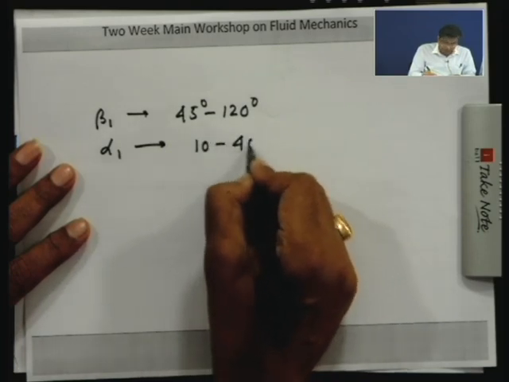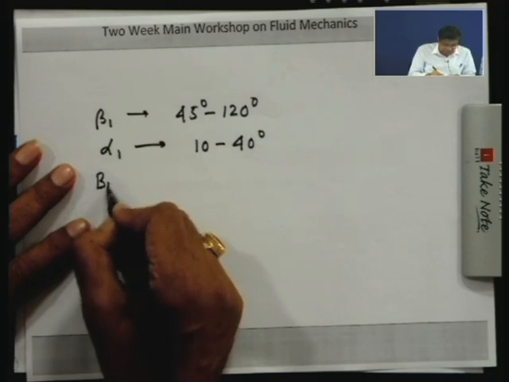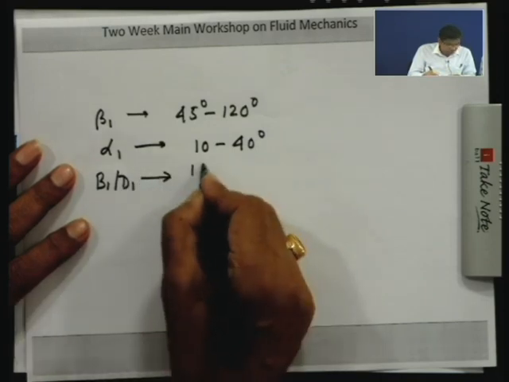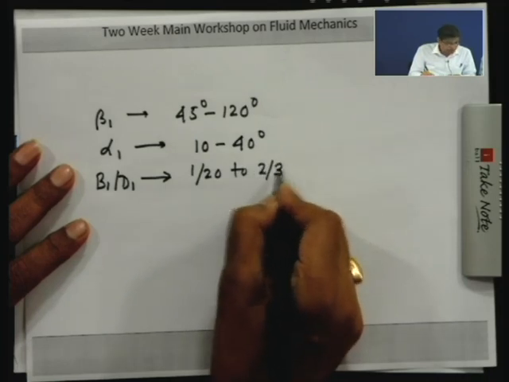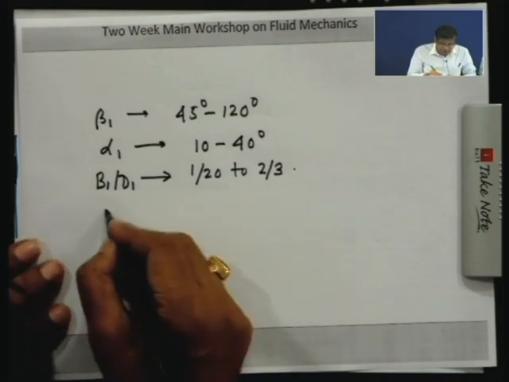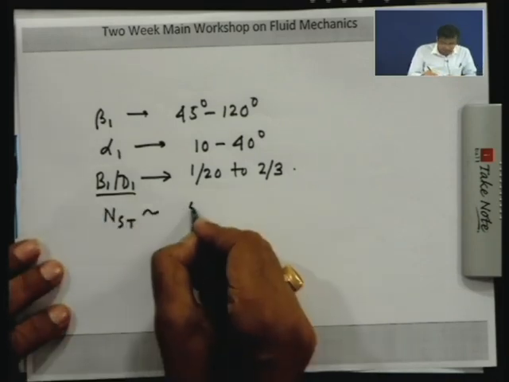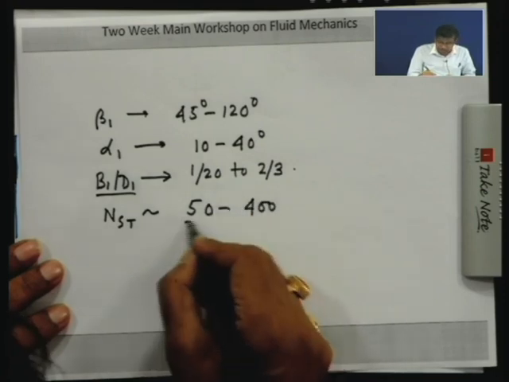The diameter of the runner and the blade width at the inlet vary from 1/20th. Again, it is directly proportional to the specific speed. This depends on the specific speed, usually in the range of 50 to 400. What does this mean?